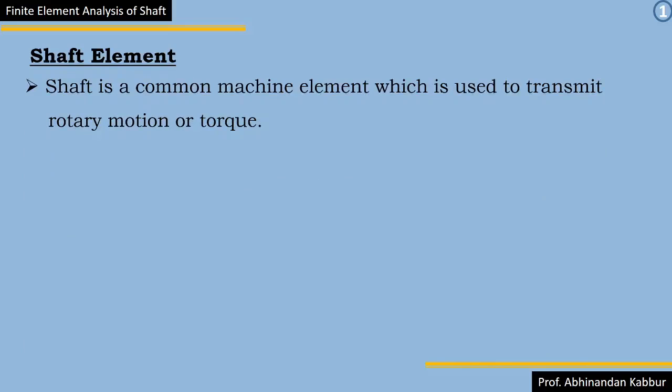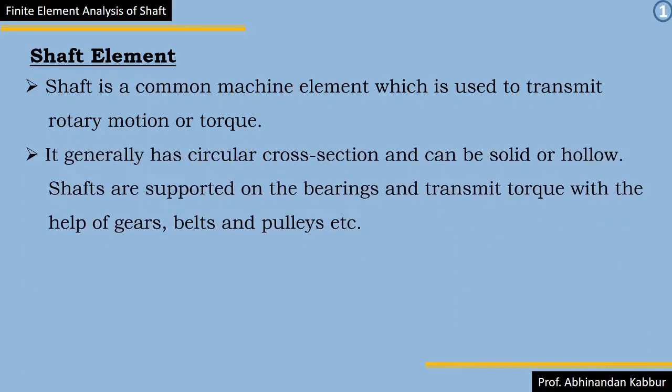We all know that a shaft is a common machine element which is used to transmit rotary motion or torque. Generally these shafts are circular in cross section and can be solid or hollow.